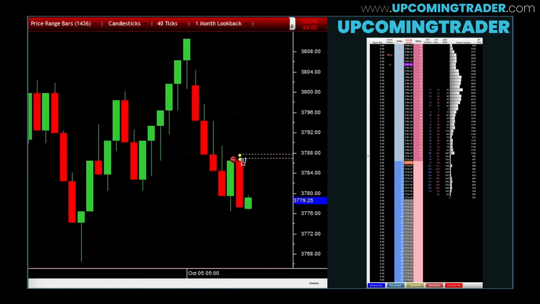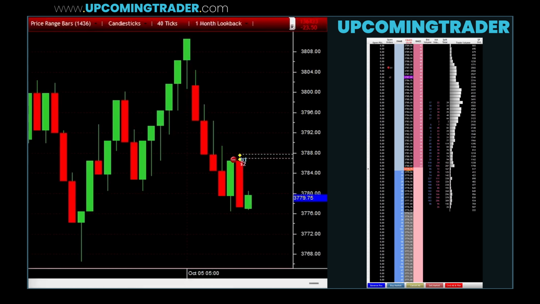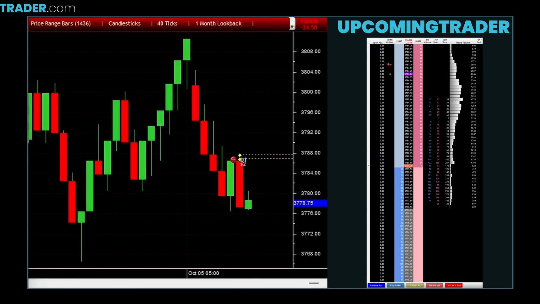This pattern suggests that although selling pressure initially pushed the price lower, buyers managed to regain some control by the session's end, pushing the price back up, albeit not enough to secure solid ground, which is why the candle closes near where it opened, leaving a long upper shadow.